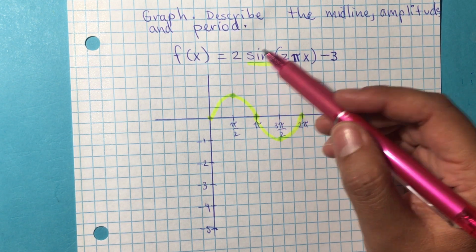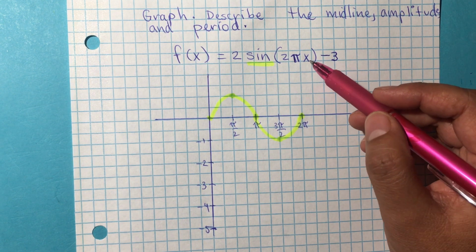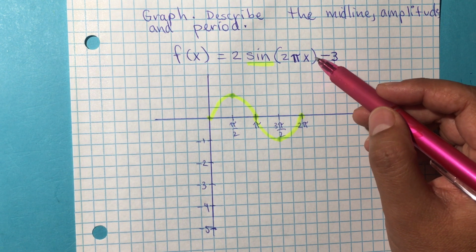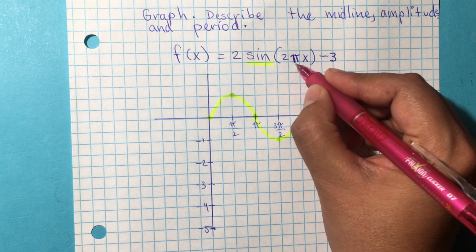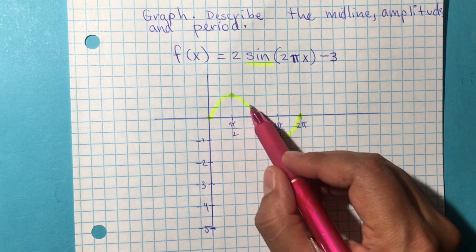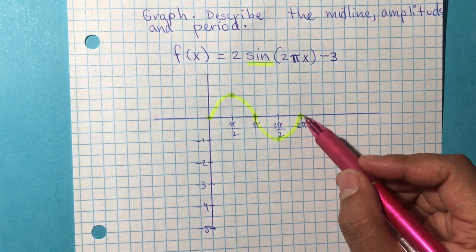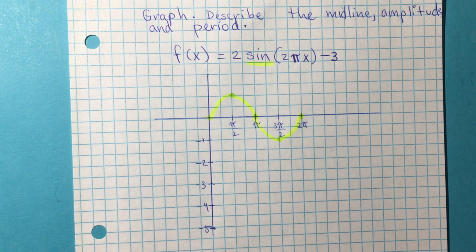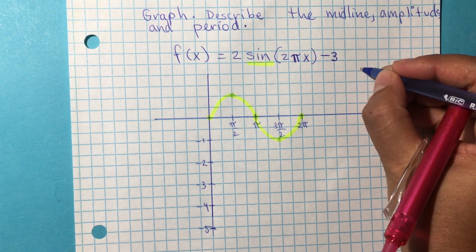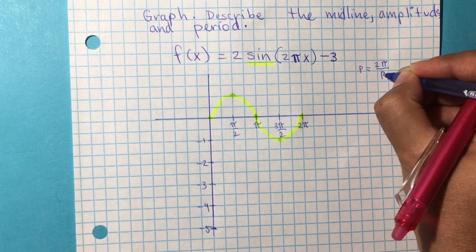Okay, so as I said in the previous example, I prefer to do the horizontal compression or stretch first, then the amplitude, and finally the shifts. In here we only have vertical shifts. We don't have a horizontal shift, which is adding or subtracting something. That's when you have a horizontal shift. And so to find the new period, remember that sine has a period of 2 pi, meaning that a whole cycle is 2 pi. But then in here, to find the new cycle, we're going to use our formula of 2 pi divided by b.